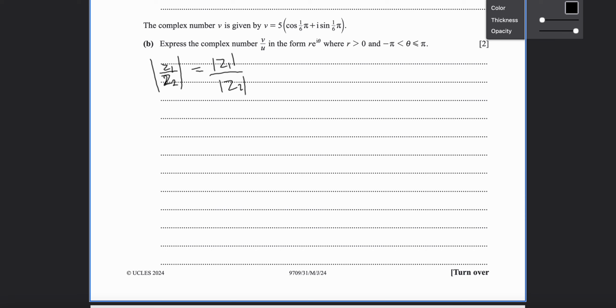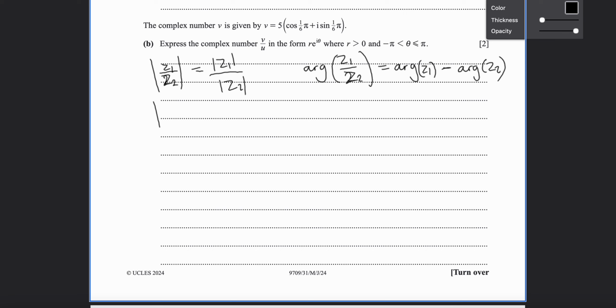Another result that we want to make use of is that the argument of z1 divided by z2 is equal to the argument of z1 minus the argument of z2. So these are the results that we want to make use of.